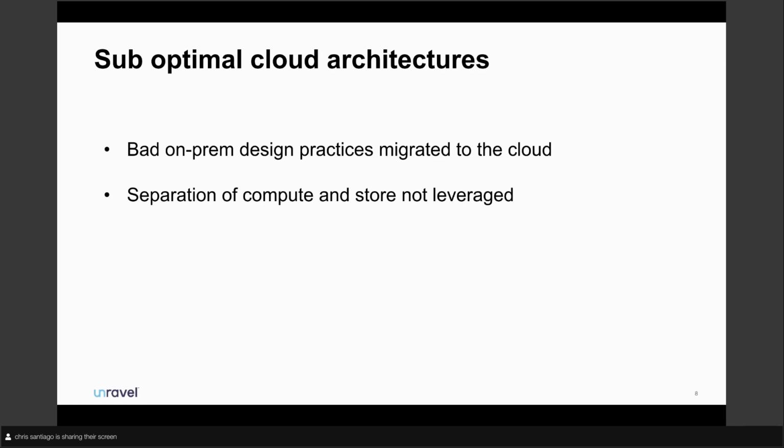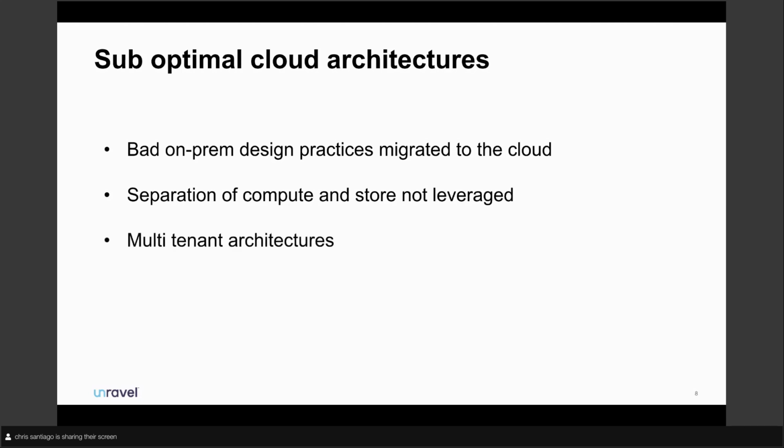If you're not taking advantage of those cloud native features that are very specific to the cloud, then this ends up being a very costly manner, and a lot of times customers hit their budgets a lot sooner rather than later, and then they need to move back into their on-prem world. So if you're not taking advantage of things such as separation of compute and store in your new architecture, then you're not really taking advantage of some of the cost-saving features in the cloud. And that's a no-no.